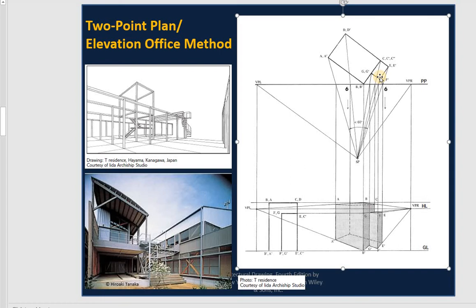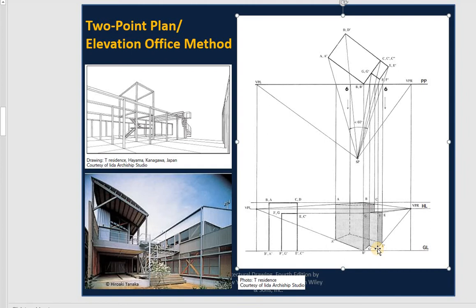After you draw that, you have this side. So if you start from the standing point to this point, you start the construction line here, and when it cuts the picture plane at this point, you drop down. You drop down at the top right here.